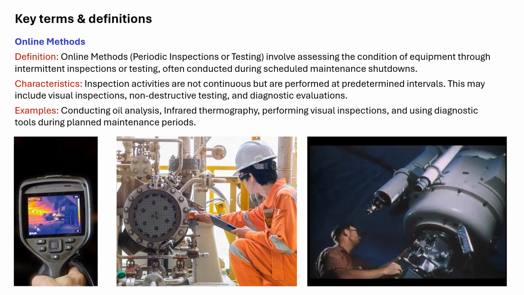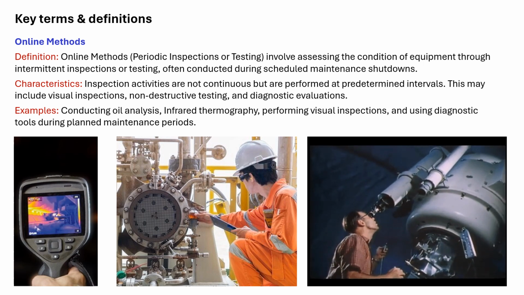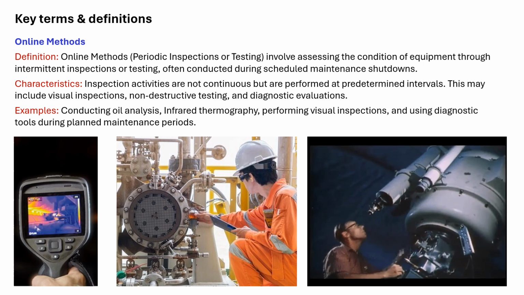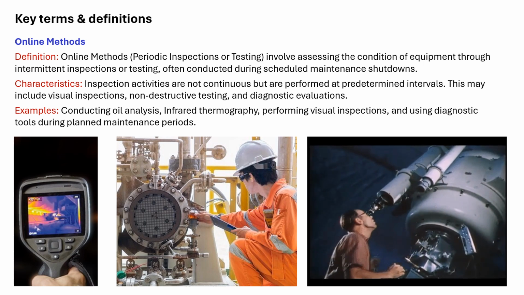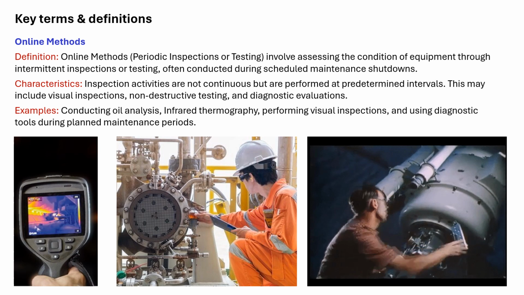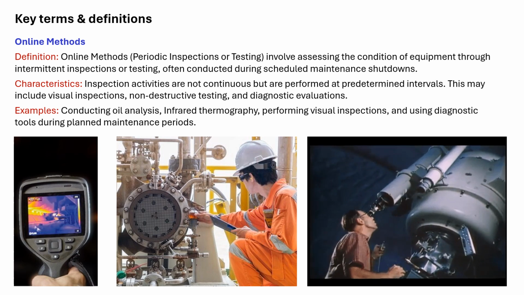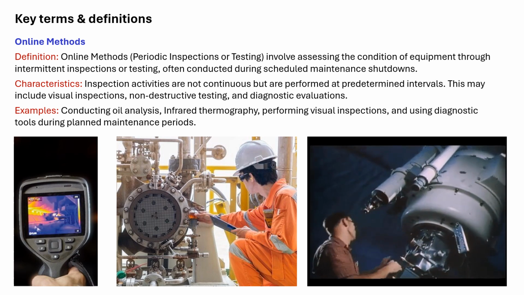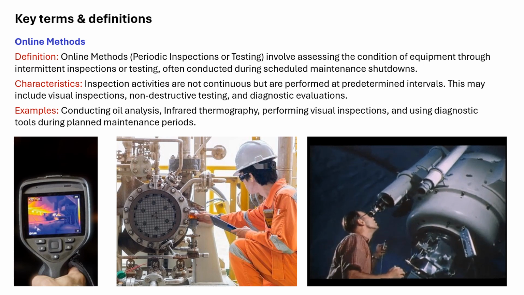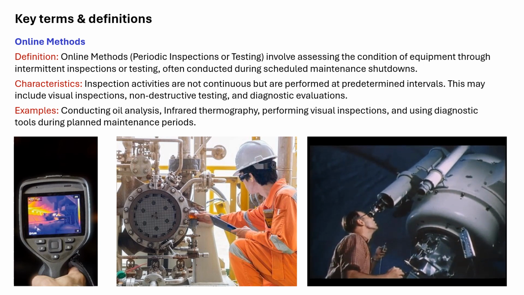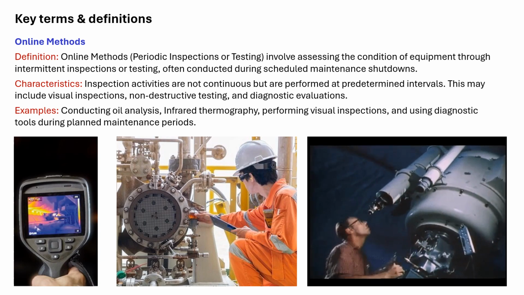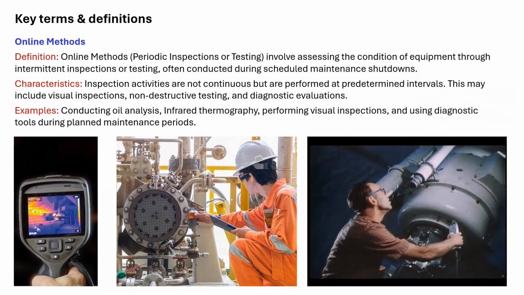This can include visual inspections, non-destructive testing, and diagnostic evaluations. Examples of online methods encompass conducting oil analysis, utilizing infrared thermography, performing visual inspections, and employing diagnostic tools during planned maintenance periods. These periodic interventions play a vital role in ensuring the health and reliability of the equipment over time.